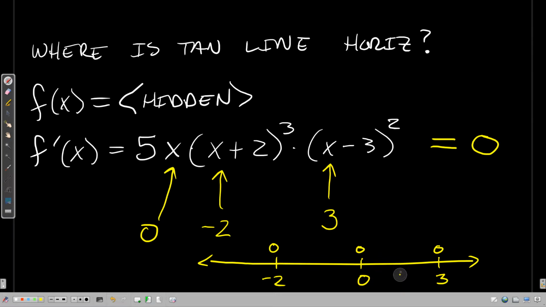So if I used a test point of like 1, then it would be positive in this interval. And it's positive in this interval, and it's negative here, and negative here, I believe. Anyway, this is what is on the horizon. But this would be for f prime, and so we know our function is decreasing in both of those and increasing in both of those. All right.